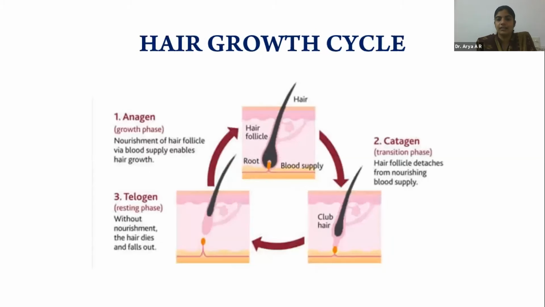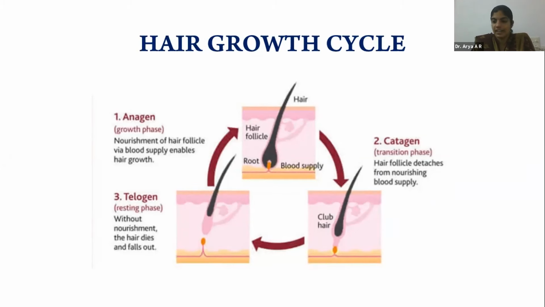And this is the hair growth cycle. We have mainly three stages in a hair growth cycle. The first one is the anagen phase, and that is the growth phase. In this phase, the hair follicle gets its nourishment from the blood supply, and it enables hair growth.